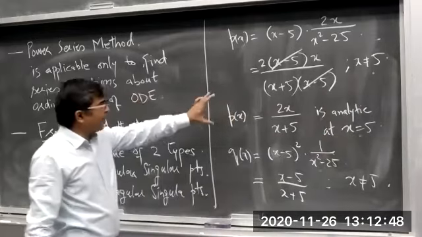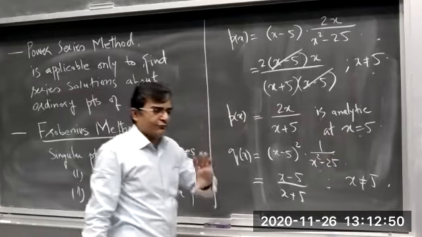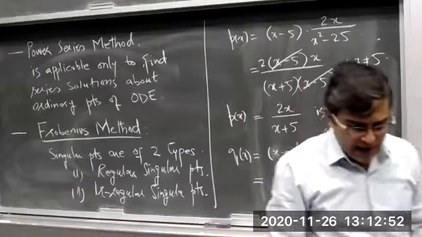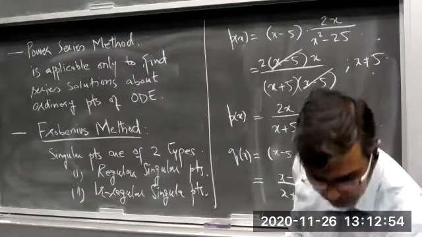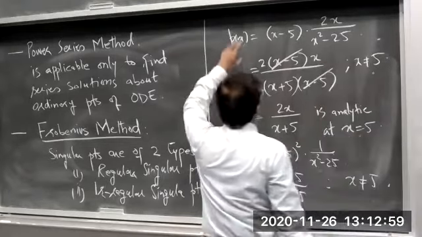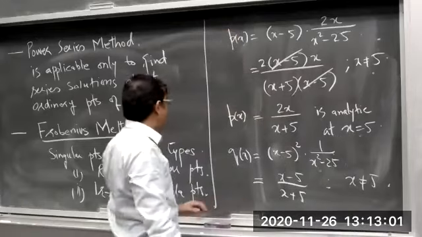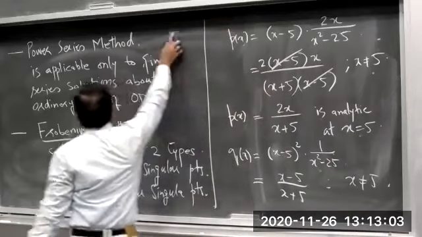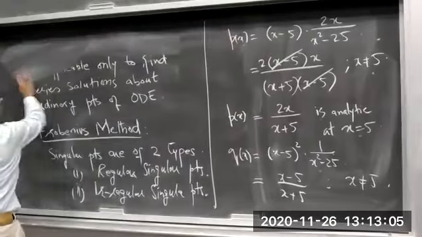So both p of x and q of x are analytic at x equal to 5. It means that the singular point x equal to 5 is a regular singular point. Okay, so it is a regular singular point.